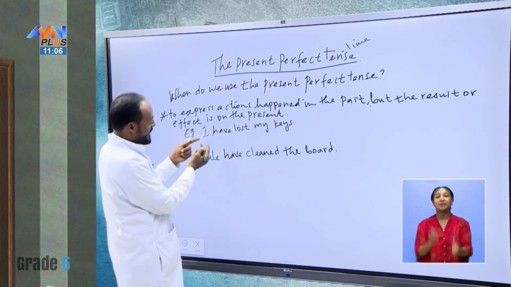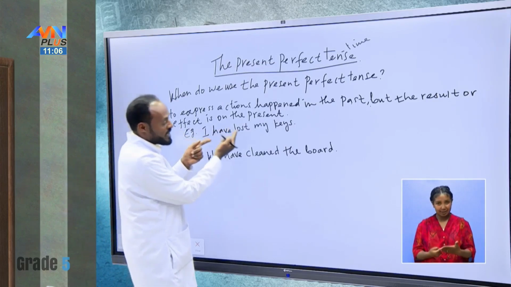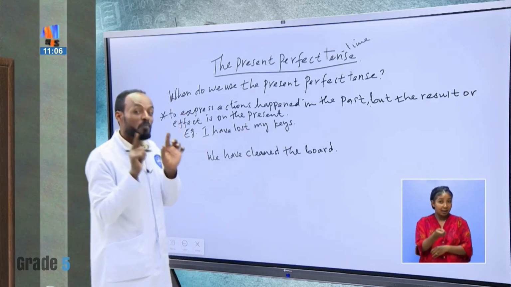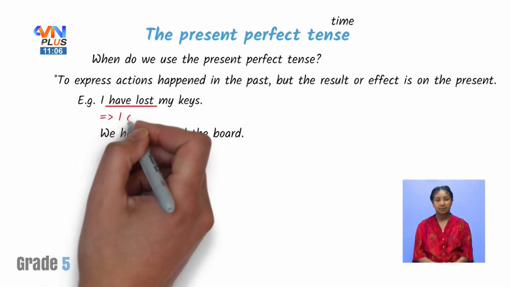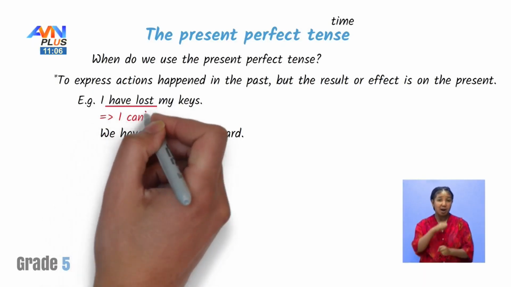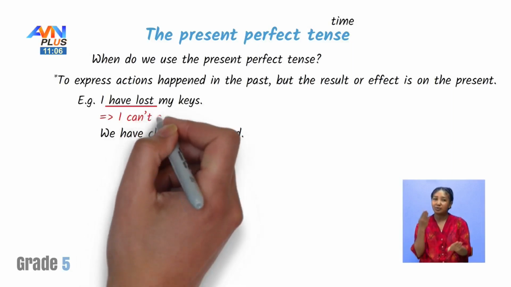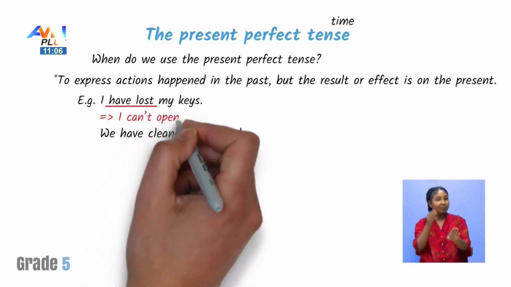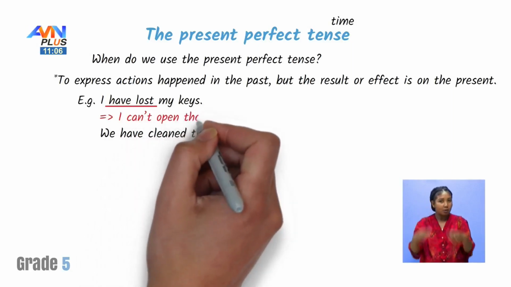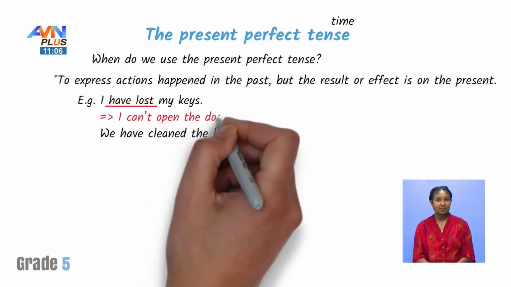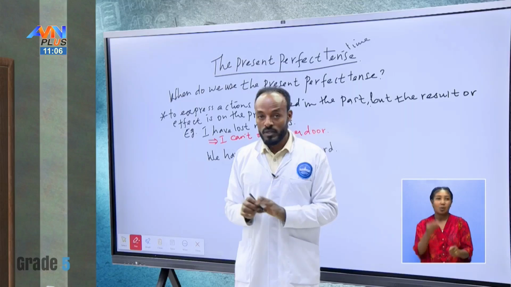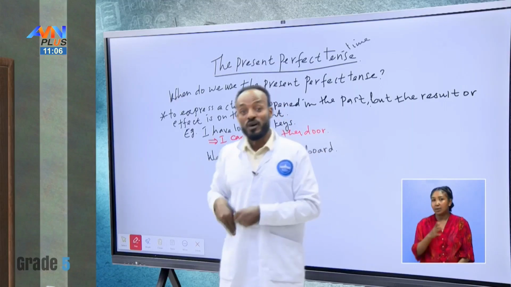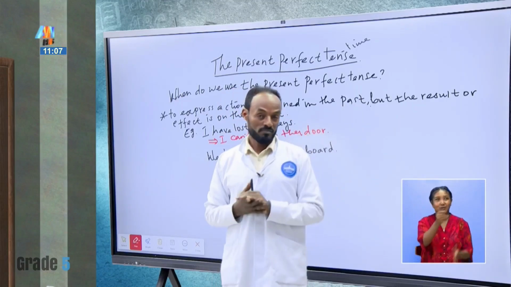For example, when I say here, I've lost my keys, I mean that I can't open the door. Look, students. For example, when you go to your home, maybe you have lost your keys in school.